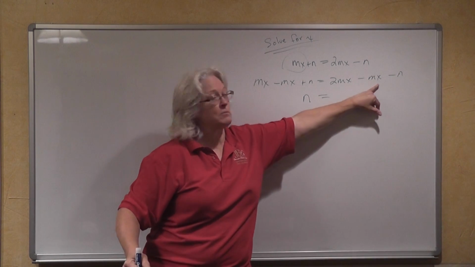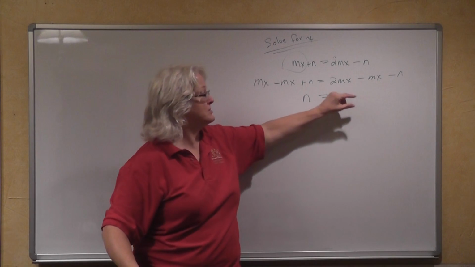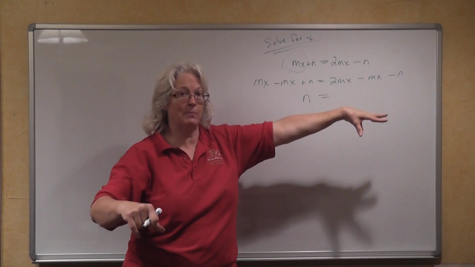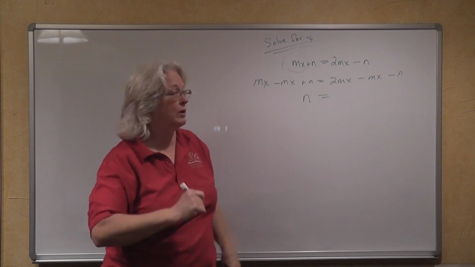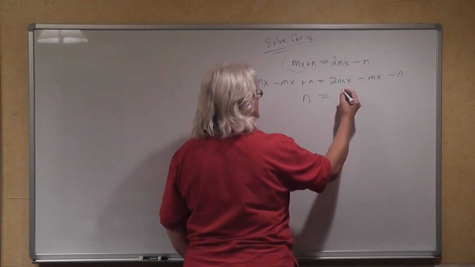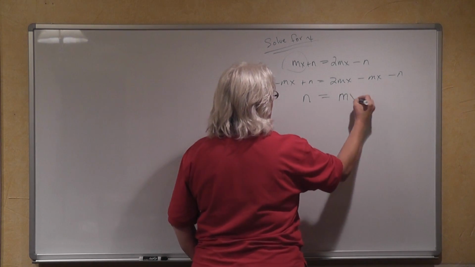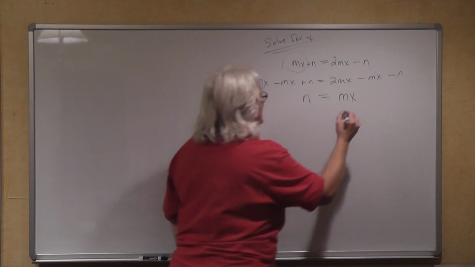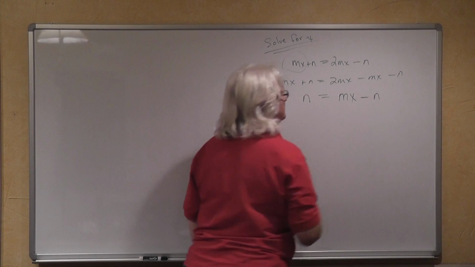Like terms now. It doesn't matter that there's multiple variables. 2mx minus 1mx, 2 apples minus 1 apple, I have 1 mx left. So that's, but I'm not going to write the 1, I'm just going to say mx minus n.